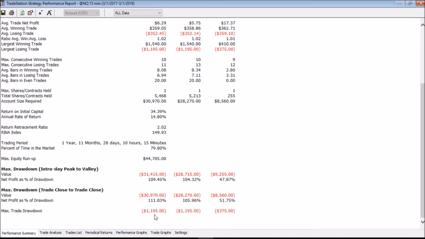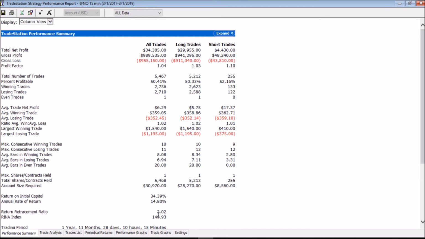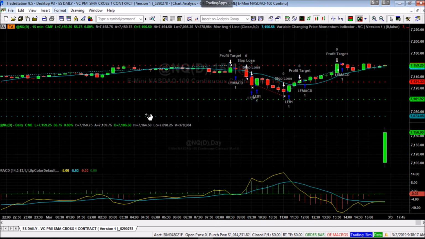The maximum drawdown was $1,195 on a $50,000 investment. And it is a very, very robust program that you certainly can apply if you want to as an automated program, or you can use it to validate your self-directed portfolio.